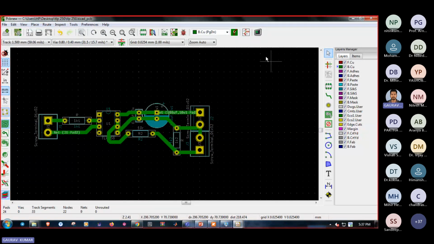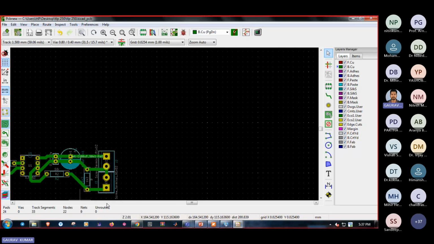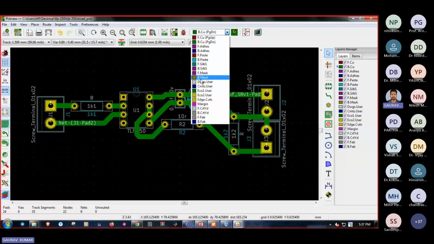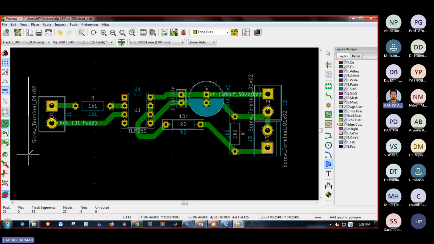Now you have to select edge cut, because you have to cut the PCB also. Then you have to select the polygon and draw that polygon cutting.